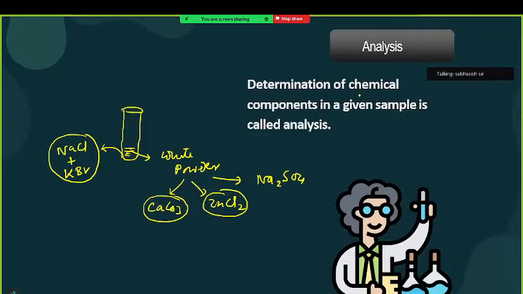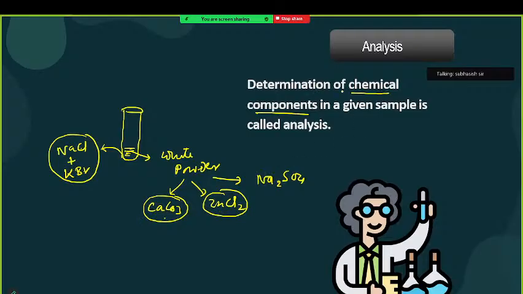Now see the definition. Chemical components are things like sodium chloride, potassium bromide, or calcium carbonate. A single component may be present, or there may be multiple components.